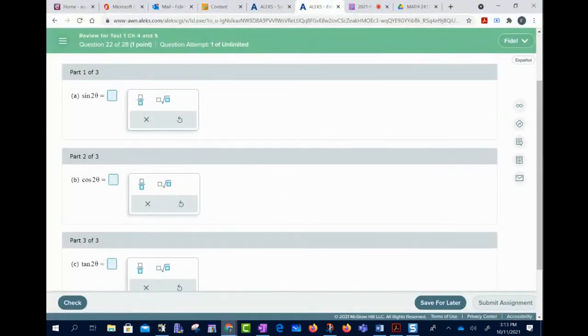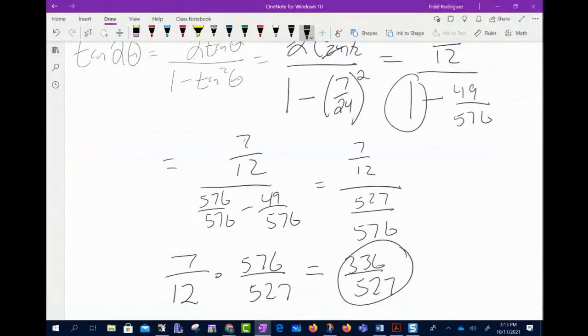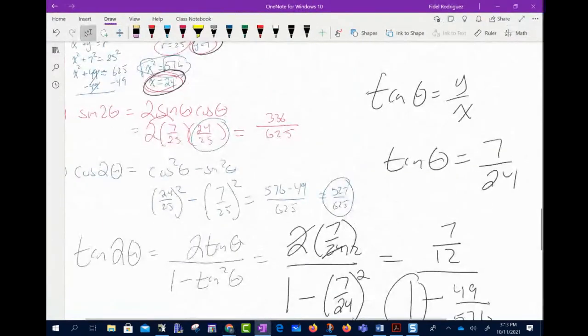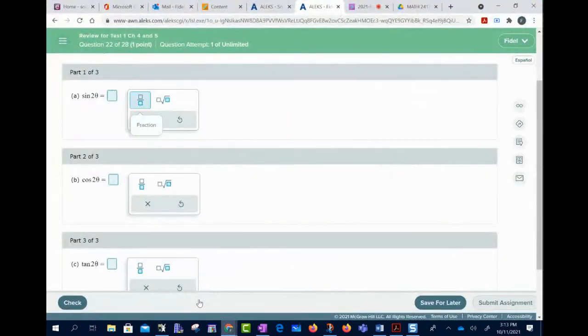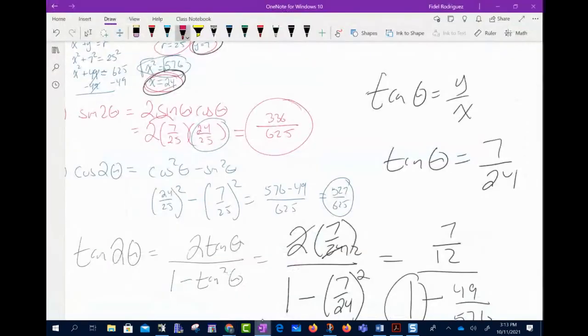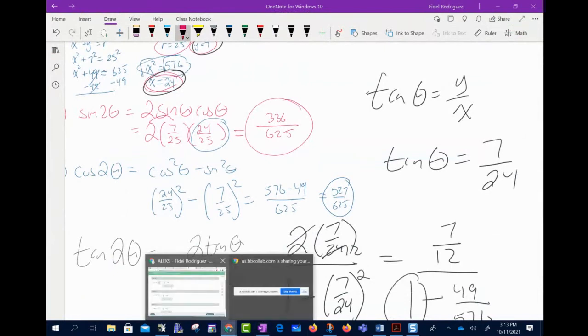All right, so guys, let's go ahead and put our answers in so we can make sure that we're good. So the first one we came up with was 336 over 625. 336 over, what was it, 625? Second one we came up with was 527 over 625.